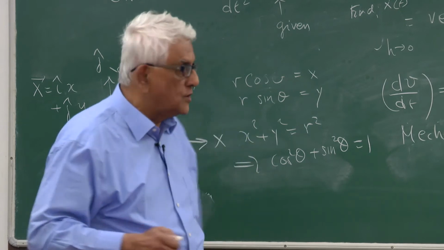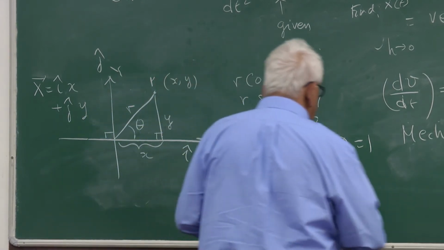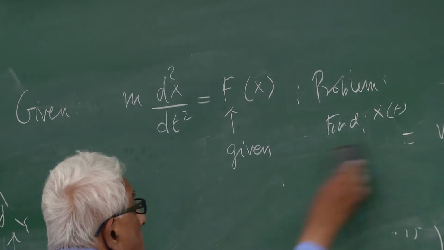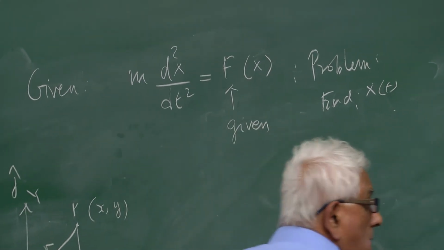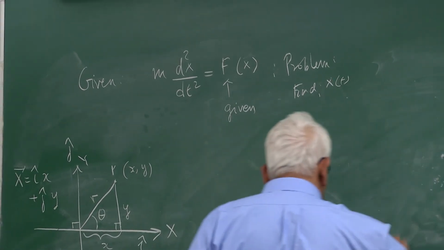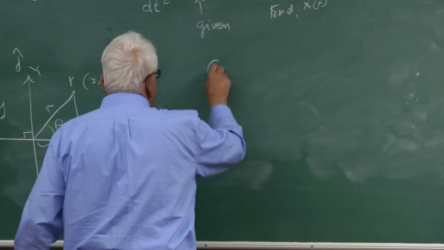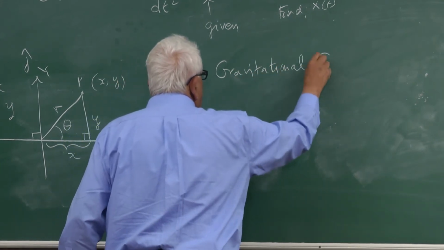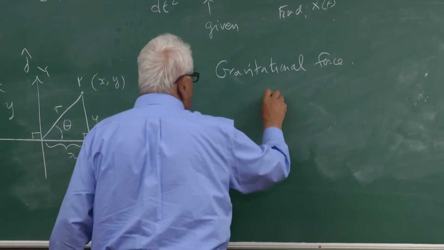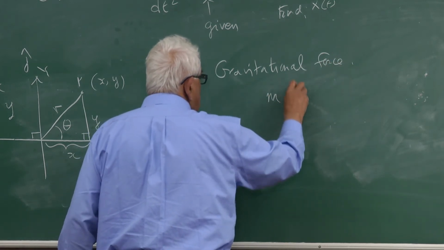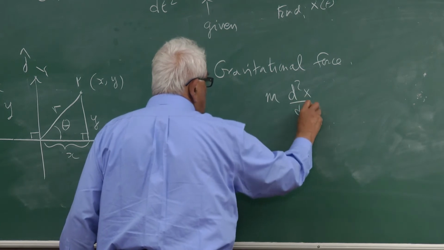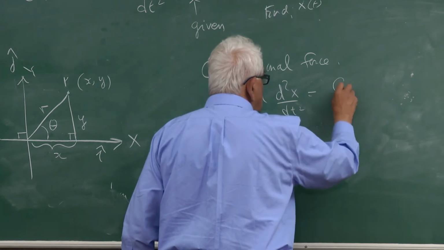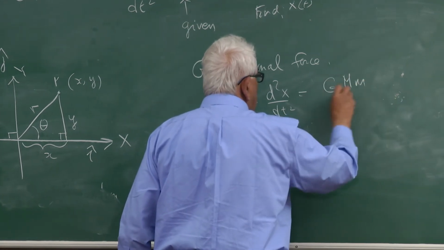And the gravitational force had the property that you had m, then you had d2x over dt2, and these could be vectors, is equal to G m over r squared.